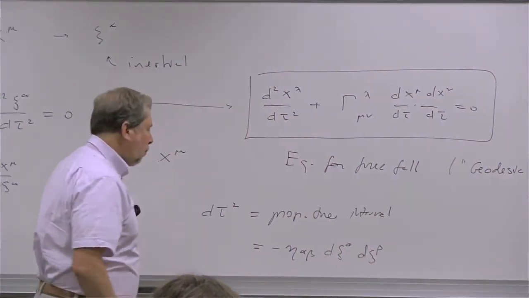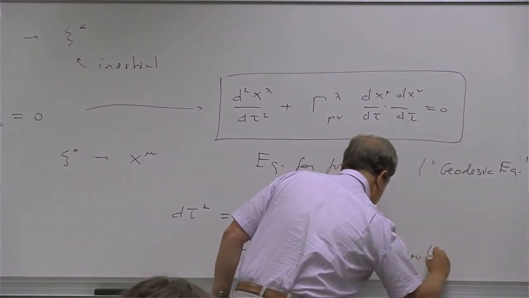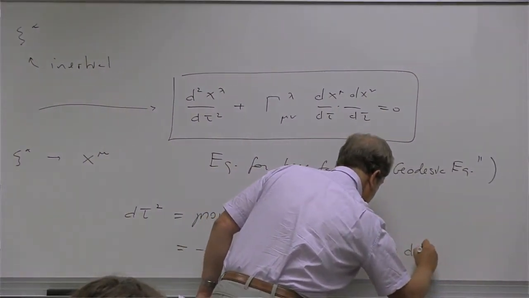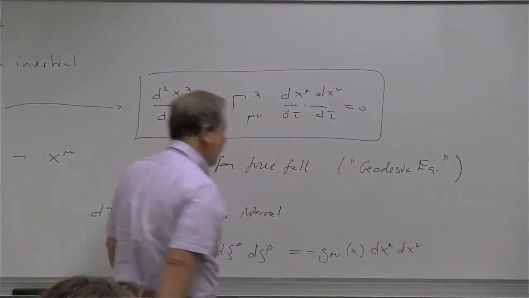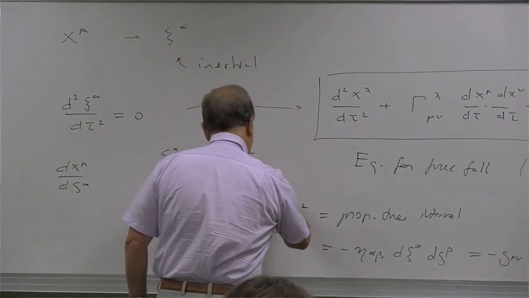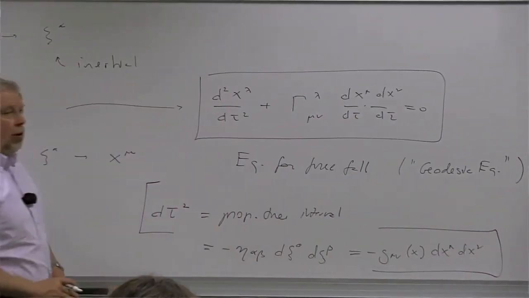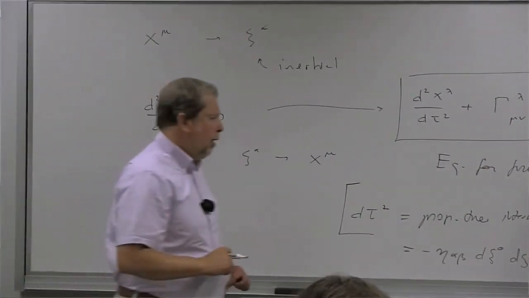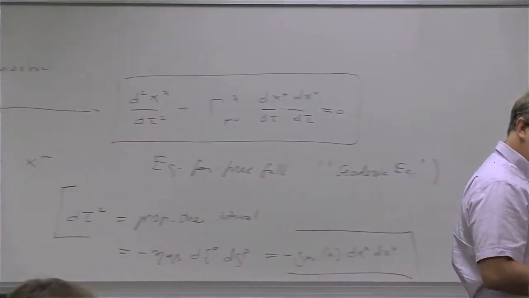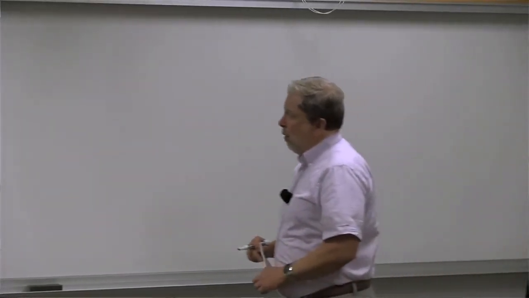But in a general frame, it is minus g mu nu, which will depend on x, times dx mu dx nu. So there is a relationship between the proper time and the metric, and the metric is related by this change of coordinates from the xi to the x, as we discussed last time.